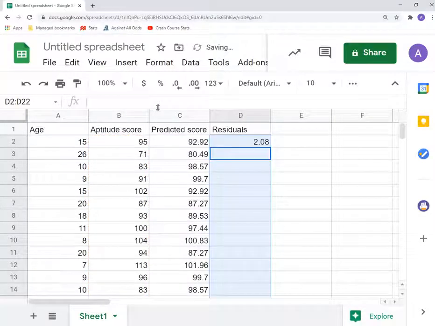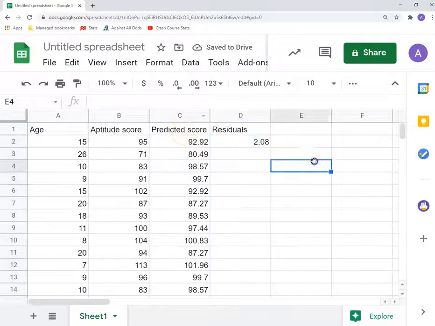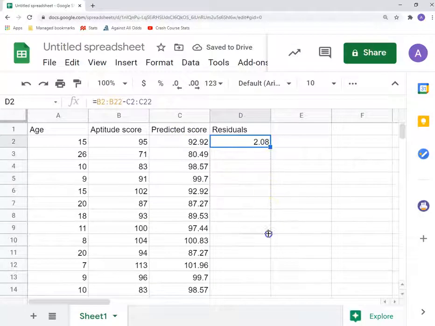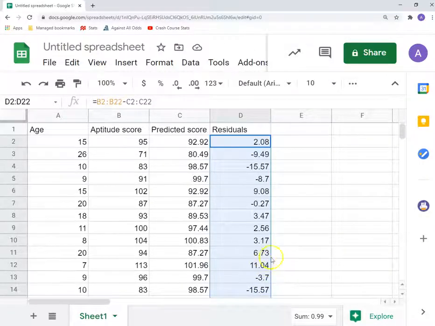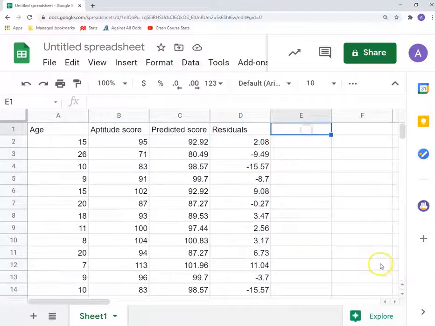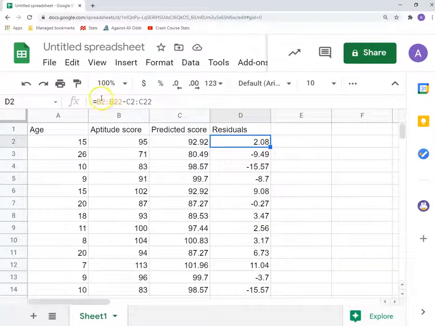And then we hit enter. It only gives you that first cell. Highlight it and drag down. Questions? Want to see that equation again for the residuals? Yes. B2 to B22 minus C2 to C22.